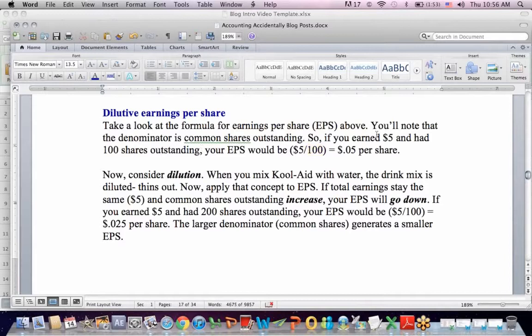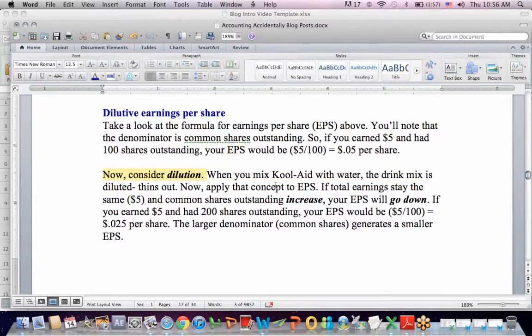So for example, if your company earned $5 total and you had 100 shares of common stock outstanding, you earn a total of $5, you have 100 shares outstanding. $5 in earnings divided by 100 shares is 5 cents a share. That's your earnings per share as a starting point.